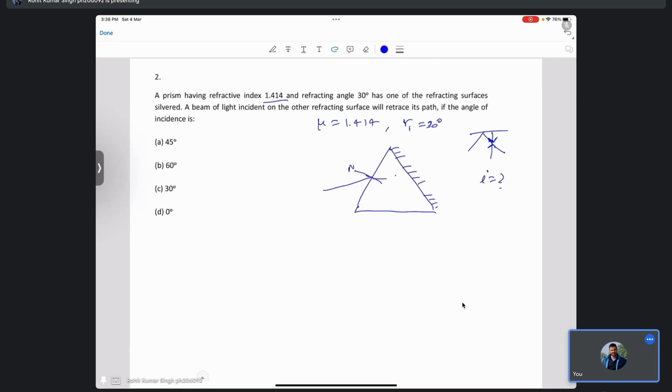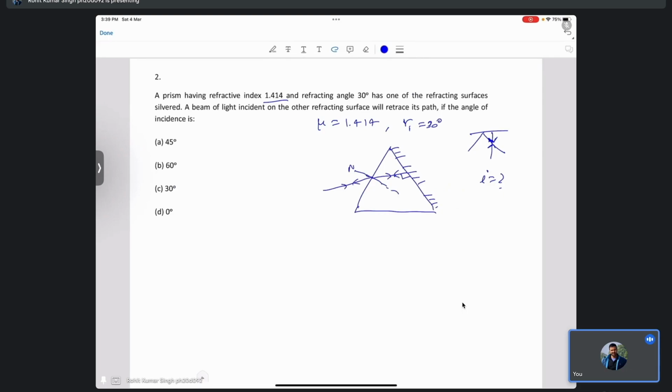This is not looking like a normal, so let me draw it. Okay. So if this light is normal, only then it will be reflected back and retrace its path.